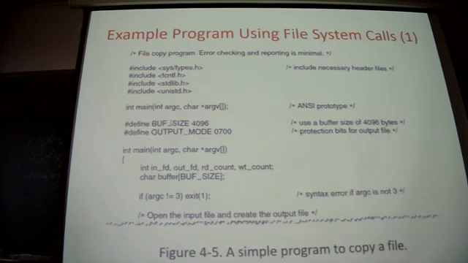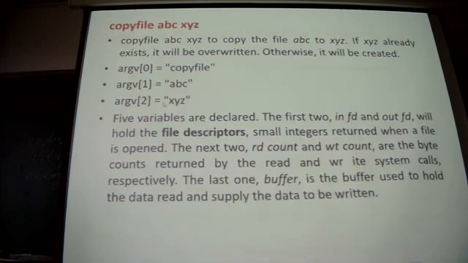When we write the program in C language, we can get the items in this command, in this array: three items. The first one is copy file, the second one is abc, the last one is xyz. Three items in argv.